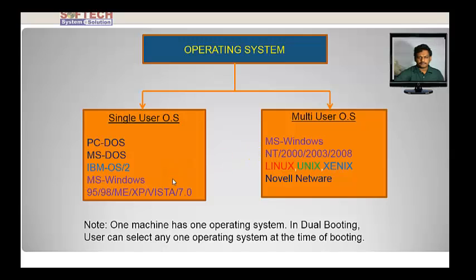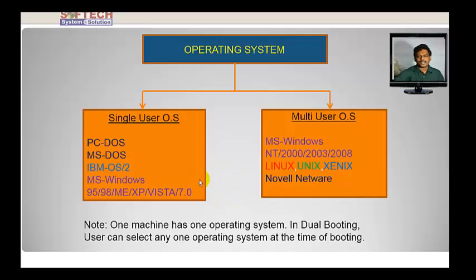Windows 95 for Pentium 1, Windows 98 for Pentium 2, Windows Me for Pentium 3, Windows XP for Pentium 4, then Vista for dual core, then Core 2 Duo, i3, i5, i7.